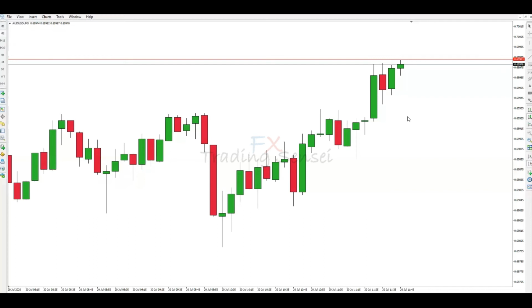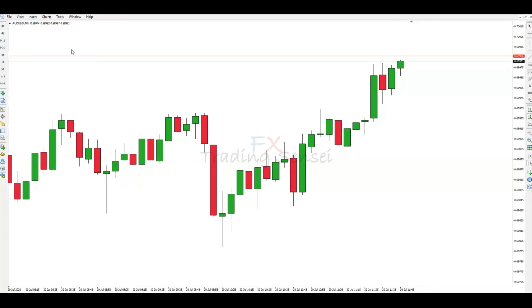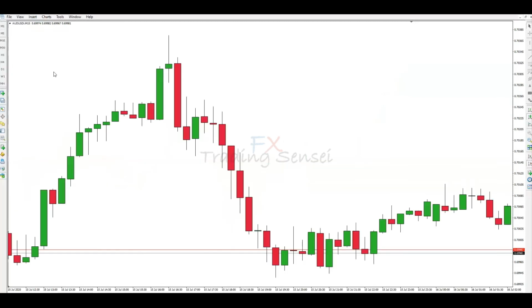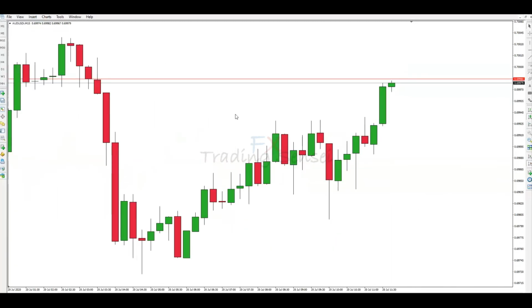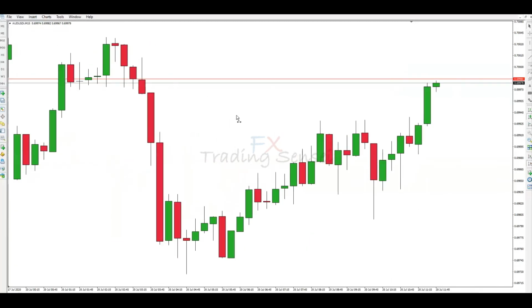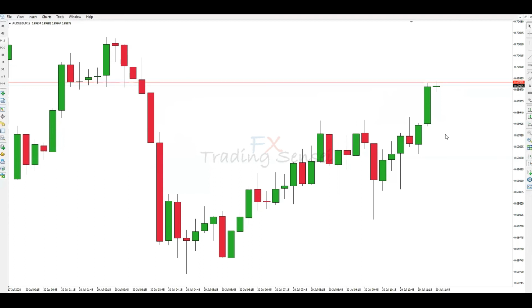So let's go now to a 15-minute chart. This is actually a 5-minute chart, so I'm going to another time frame. And please keep in mind that even though I'm switching to another time frame, the price is still moving at the same rate at the same time on all time frames. So if the price moves 1 pip on this particular time frame, it is also moving the same 1 pip at the same time on another time frame.